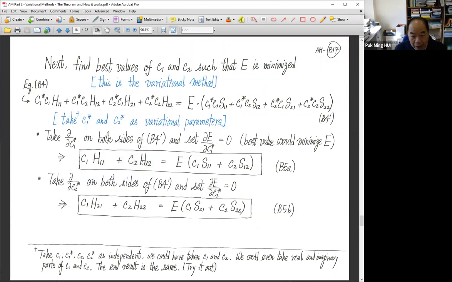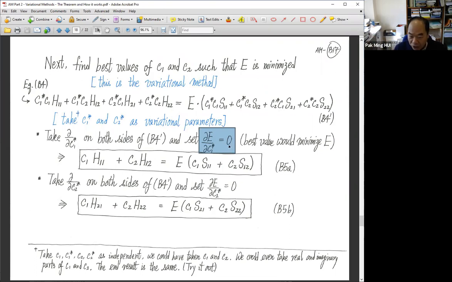Now, right-hand side, actually this itself should be a function, right? So we have partial E, partial C1 star, multiply into all this. But what we are looking for is to minimize E. So this derivative should better be 0. So we set that to 0, and that is the minimization process.